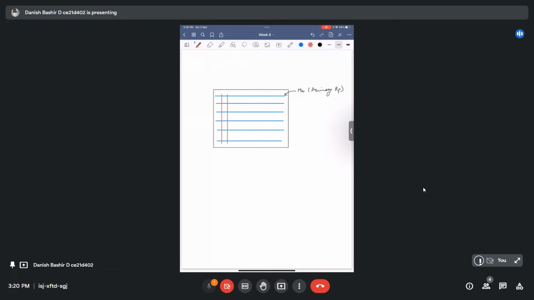Its diameter is usually less than the main reinforcement. This is distributive reinforcement.